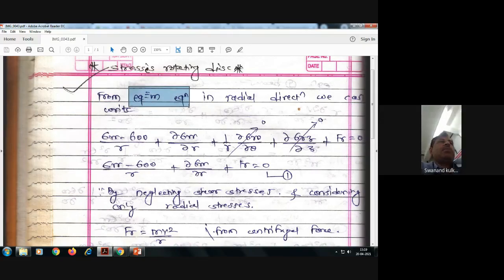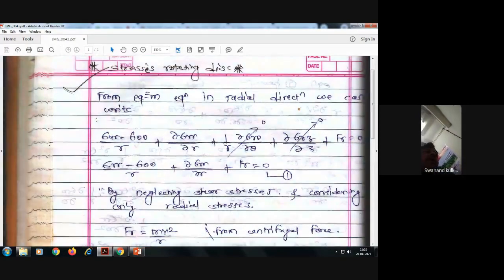The equilibrium equation in Cartesian coordinate system we are already familiar with, and here in this polar coordinate system also we have derived this, because equilibrium equations in the three directions are different.